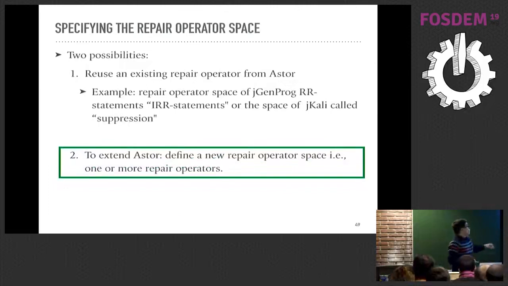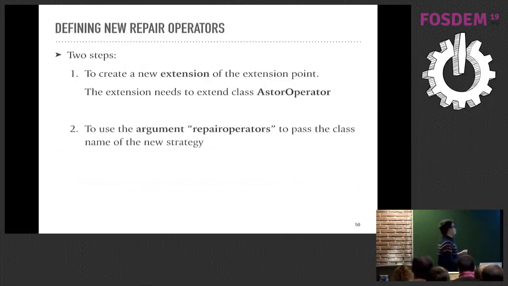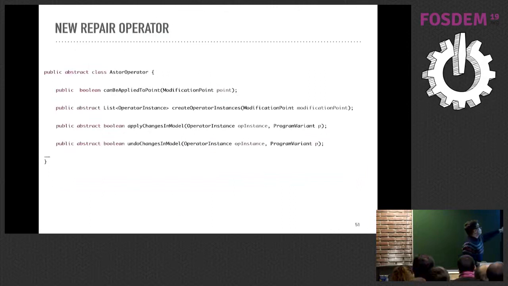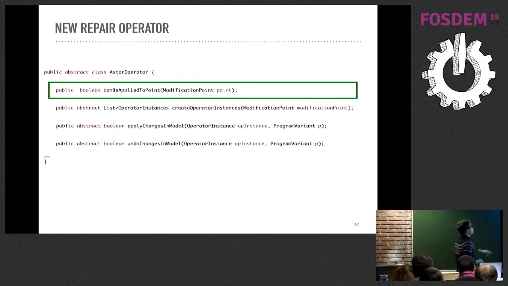But also we can create new operators. Here we have the interface, or sorry, the Astor class, with some methods. One of them is can be applied to point. It receives a modification point, that means, for instance, a statement, and returns true or false whether this operator can be applied to this point.